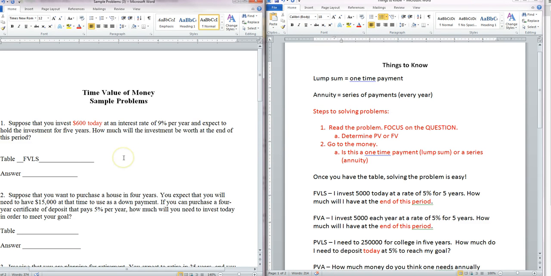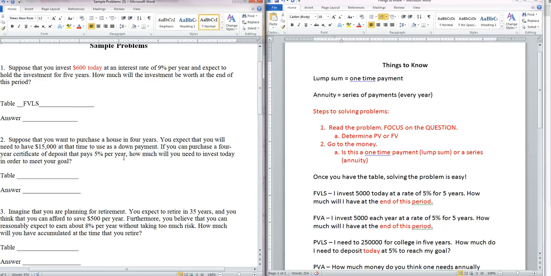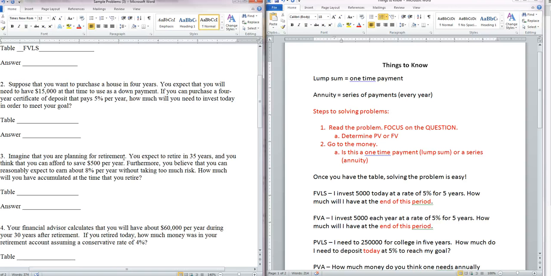So let me do one of those just to make sure you know what to do. Here's one, number 2. Suppose you want to purchase a house in 4 years. You will need to have $15,000 at that time to use as a down payment.